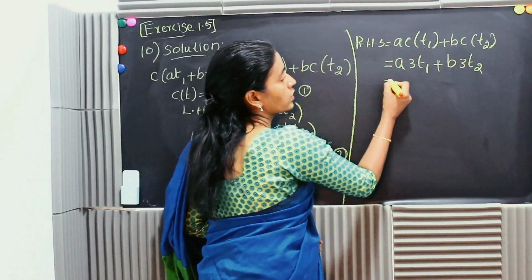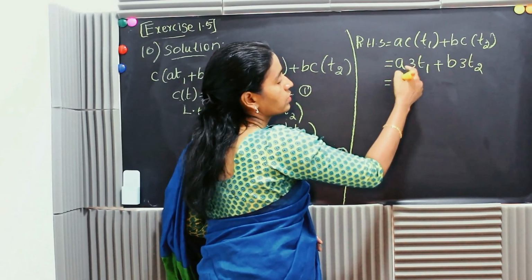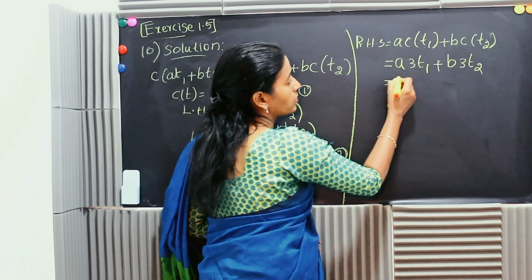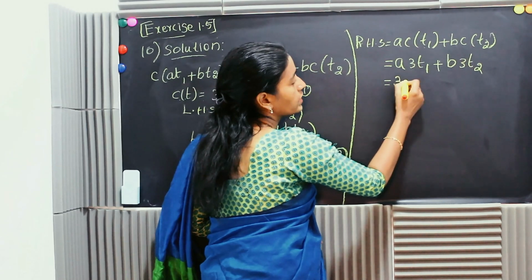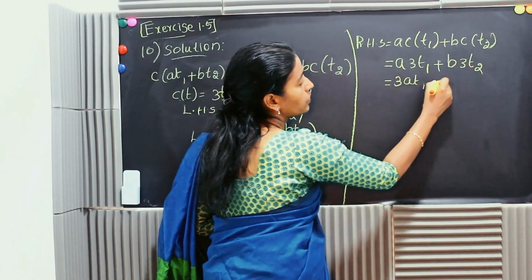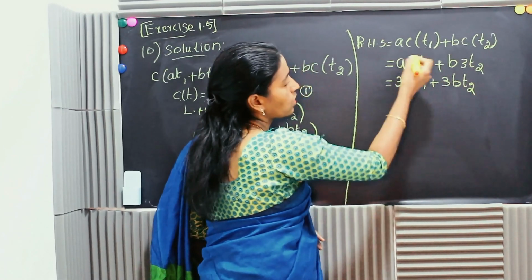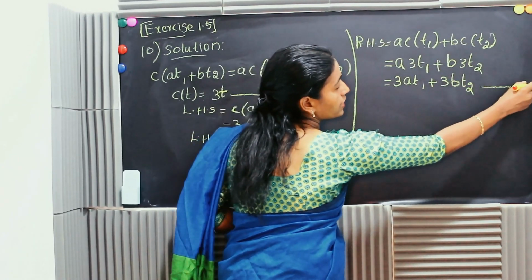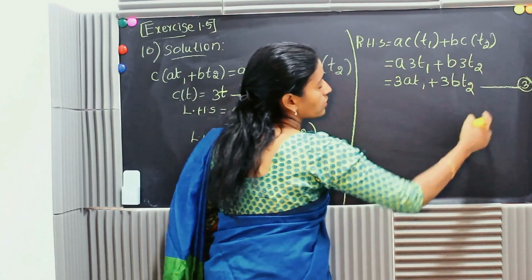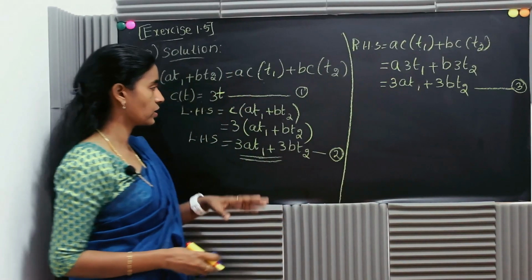So if you are writing the numbers in front, we'll be getting 3 a t1 plus 3 b t2. This is RHS. We can take this as equation number 3.